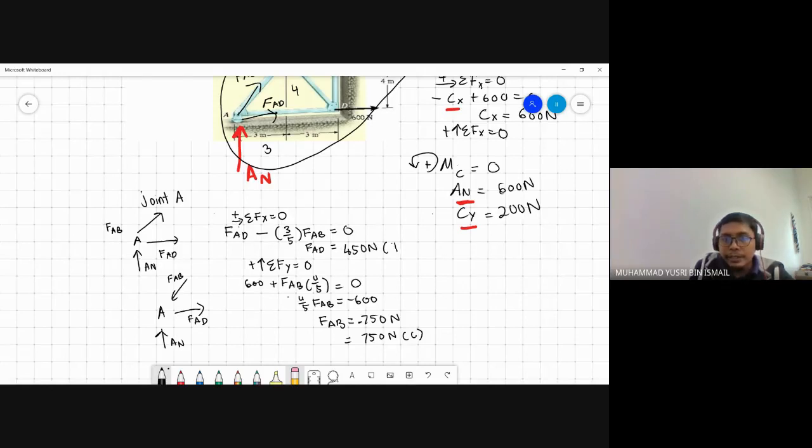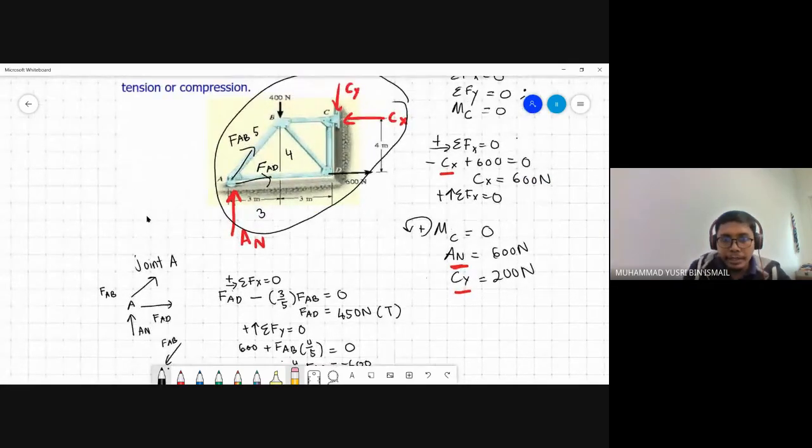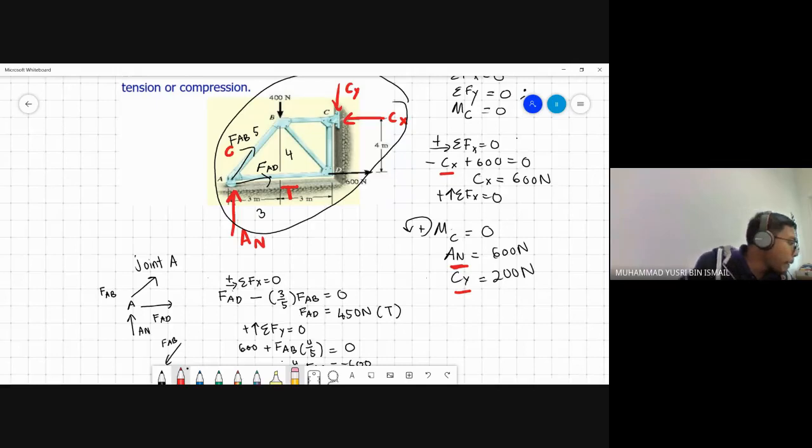Okay, so this is based on our assumption, which is tension. So now we know here is compression, then here FAD is in tension.